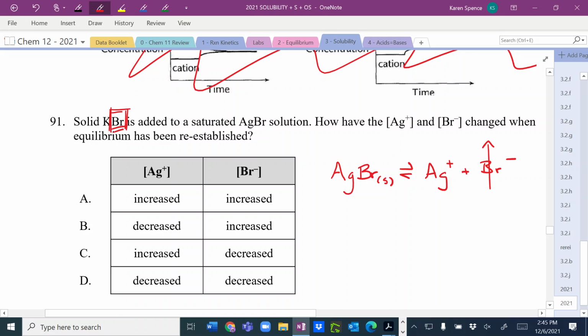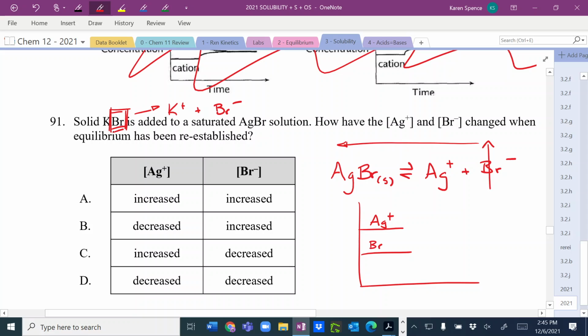We increased the concentration of Br, yes? By adding KBr, because it dissociates into K plus and Br minus. So it's now going to shift to the left. So let's graph our concentrations here. I'm just going to arbitrarily put Ag here, and I'll put Br here.